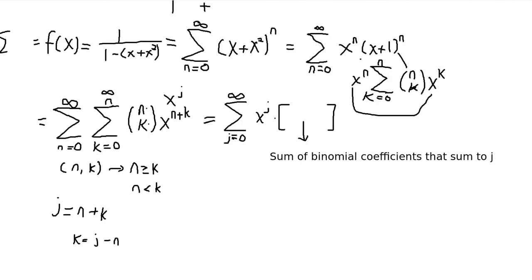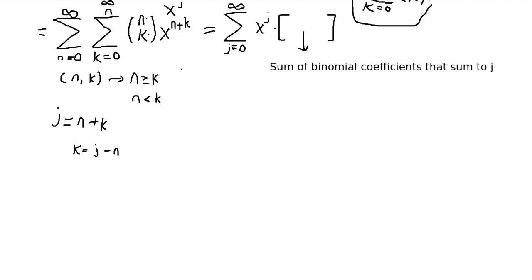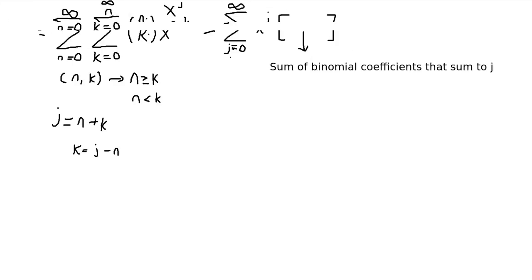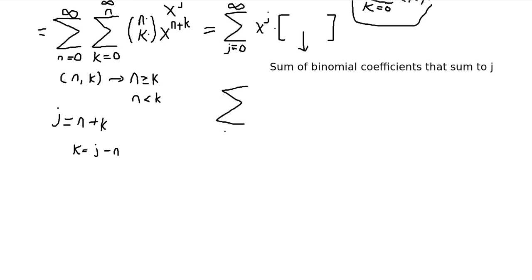So now we want to bring back what we originally had. This was the power series for the Fibonacci numbers. So let's say j goes from 0 to infinity. Here we're equating generating functions. And so the x to the j term, think about just j equals 0.